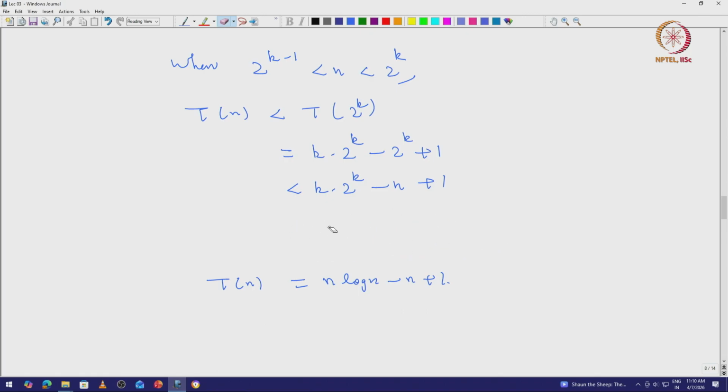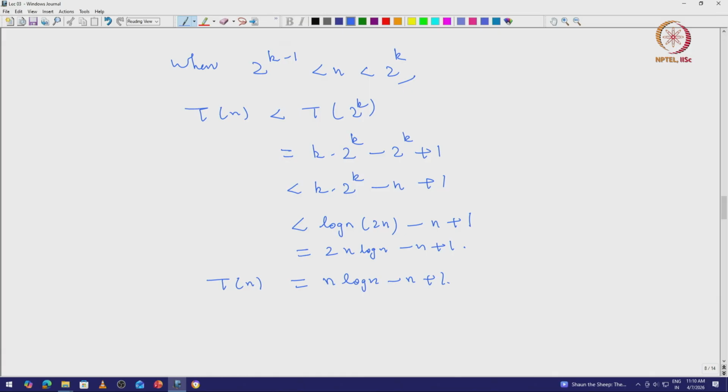Here k is log n, and 2 power k is less than 2n, so this is less than 2n log n minus n plus 1. It is some value, but it is less than 2n log n minus n plus 1.